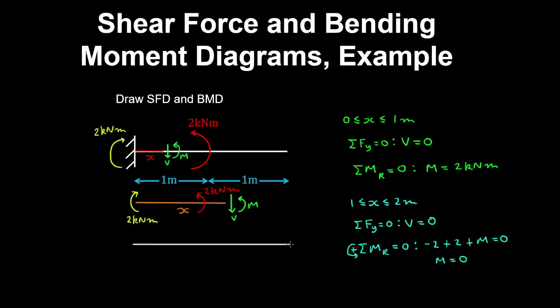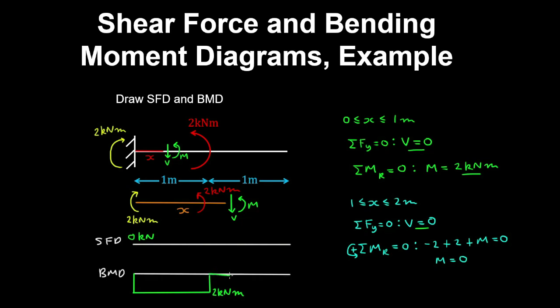And drawing the shear force diagram, well, that's just going to be 0 kilonewtons across the entire beam. And if we draw the bending moment diagram, from x equals 0 to 1 meter, we have a constant bending moment, which has a magnitude of 2 kilonewton meters.